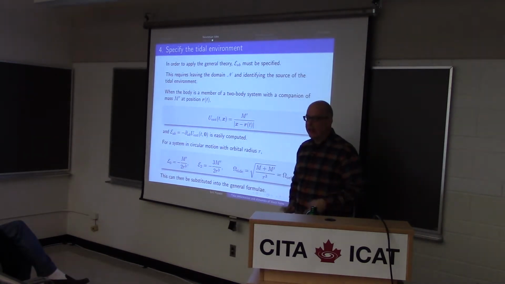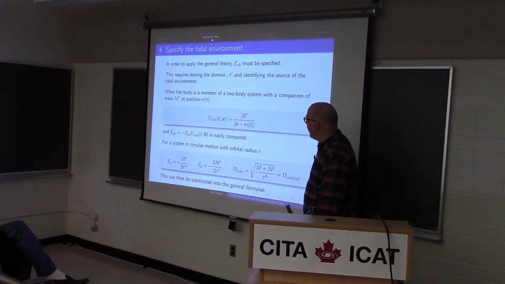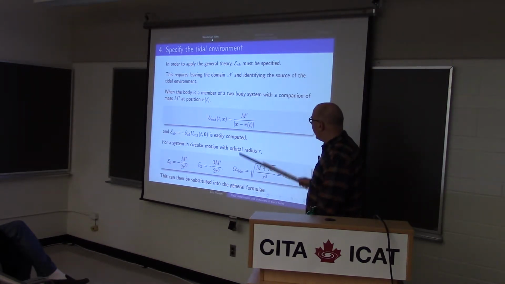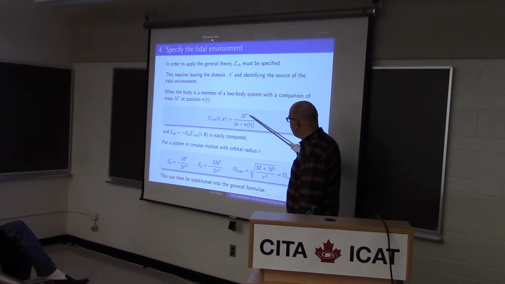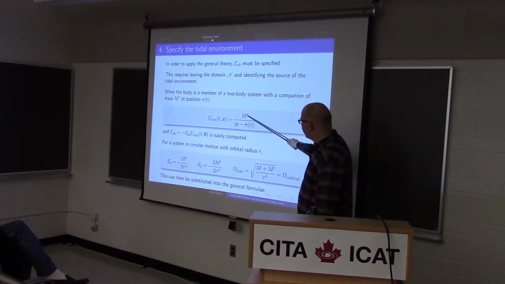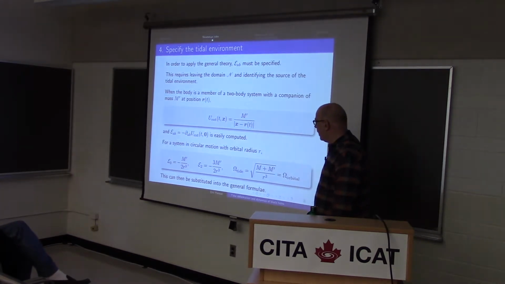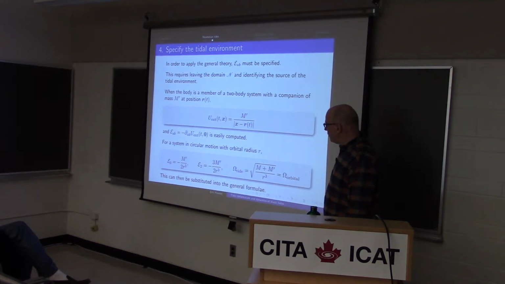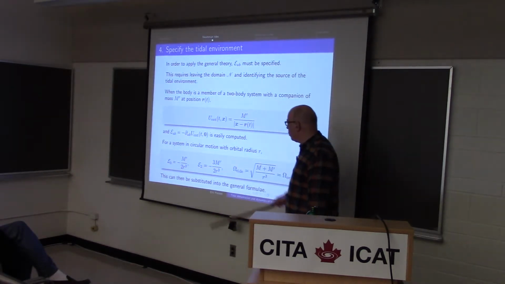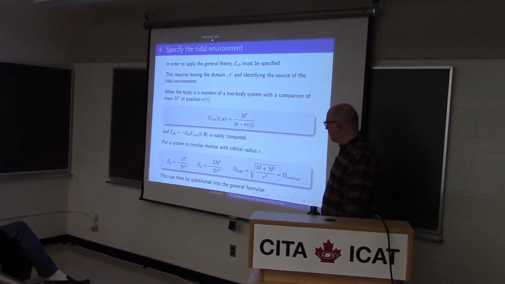If I do the simplest thing, go outside and decide that there's one companion body going around my central body, I can say that the external potential is going to be something like this, with an external mass at some external position. I can calculate those two derivatives, and I can finally calculate those components that appeared previously.